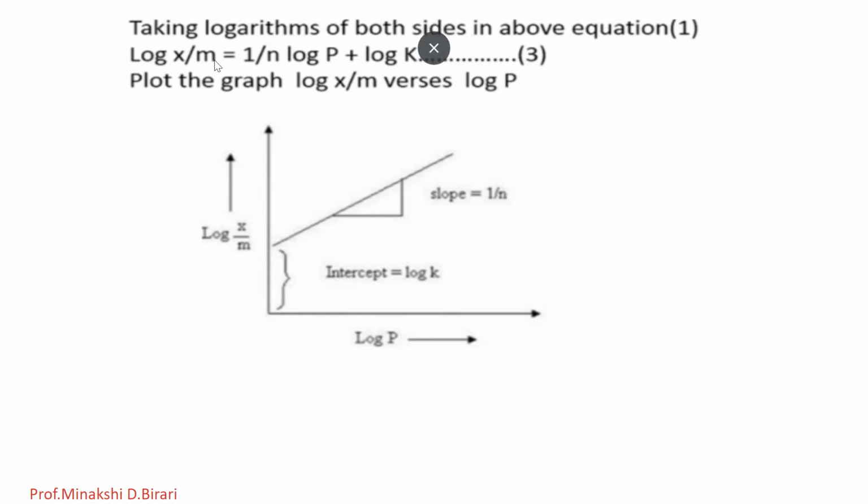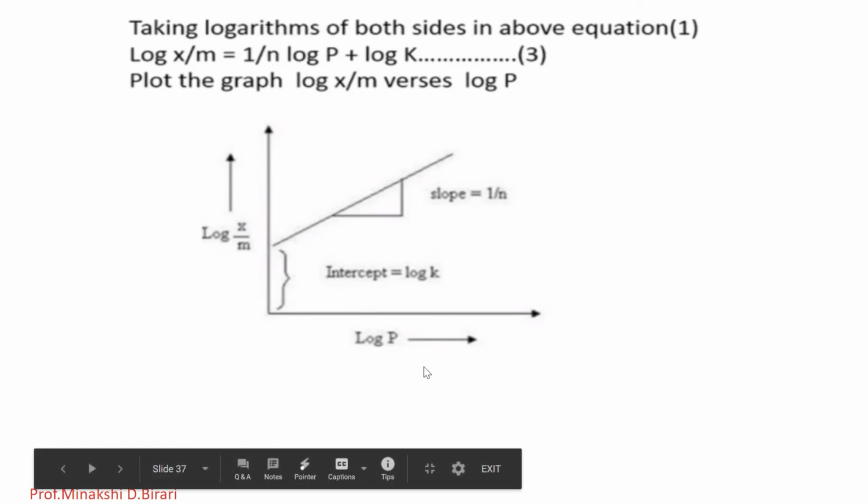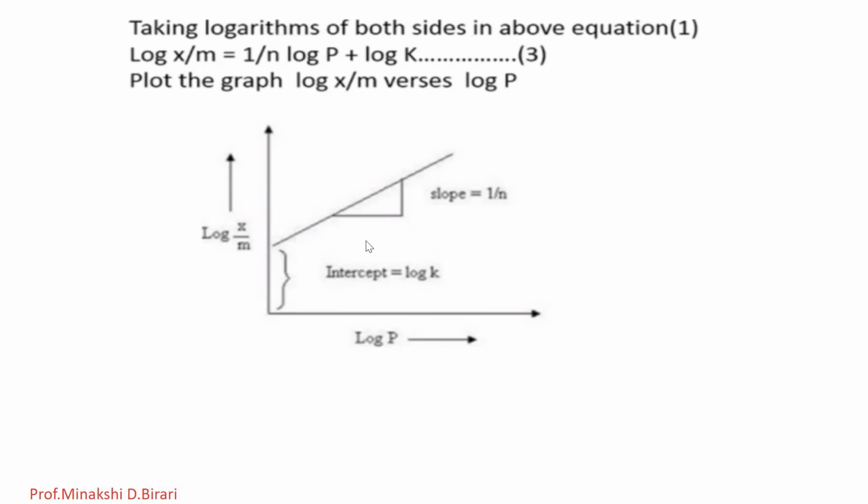So this equation is in the form of y = mx + c, which is the equation of a straight line. Therefore, if log(x/m) values on the y-axis are plotted against log p on the x-axis, we get a straight line, obtained by using this equation y = mx + c. So the graph is a straight line.